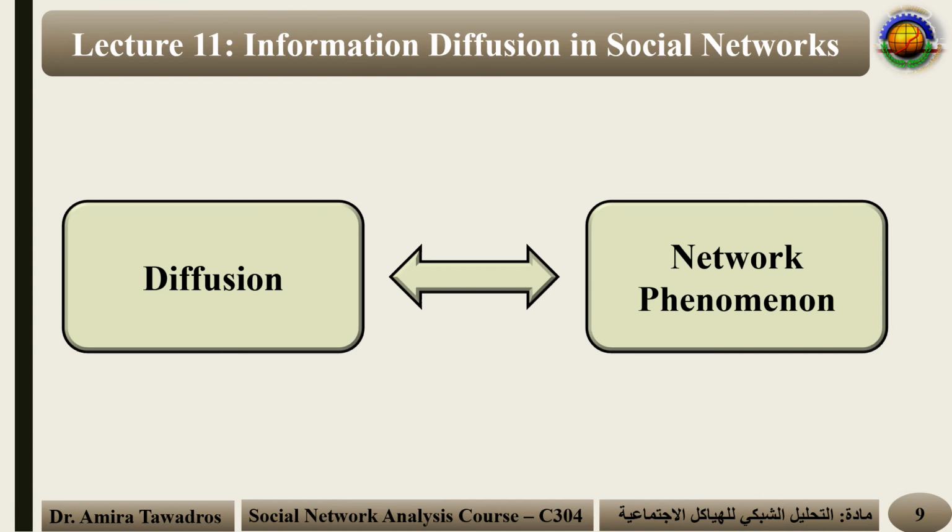All these concepts are properties of networks. So if you take these properties into consideration, and if you try to study the network structure as a whole and how this network structure affects the diffusion of an idea or a new innovation, then you are viewing diffusion as a network phenomenon.